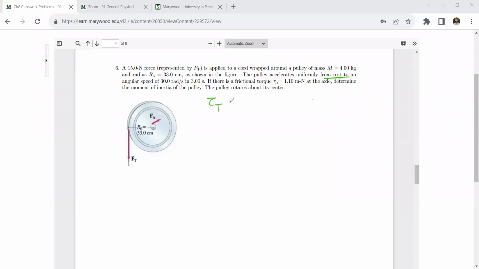What is the tau for this Ft? Let me call it tau t. Tau t will be R0, the lever arm, times the force, and you see the angle is sine 90 degrees. So this angle is 90 degrees. And what is the sign here? When you apply a force here, it will rotate in this direction, so it is counterclockwise.